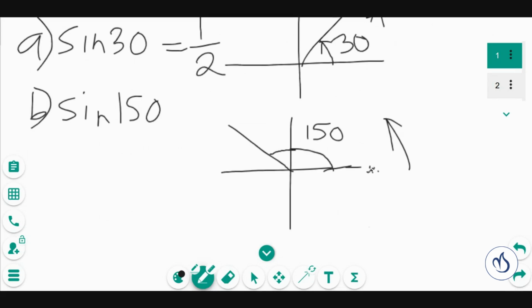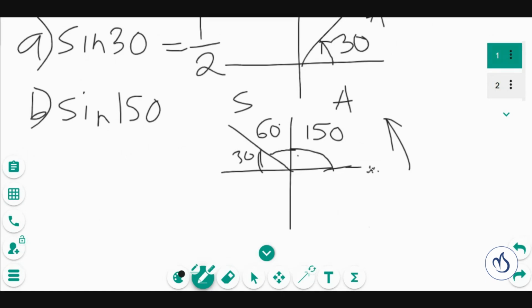But I want to get the value of sine 150 even without using a calculator. Since we know that this side was 90, I've added this side as a 60, and here I have remained with a 30.